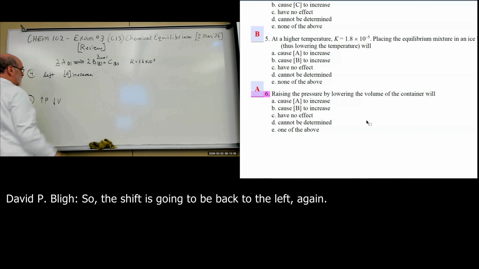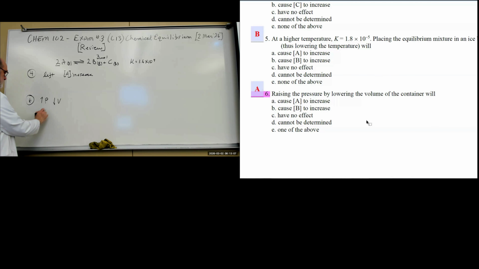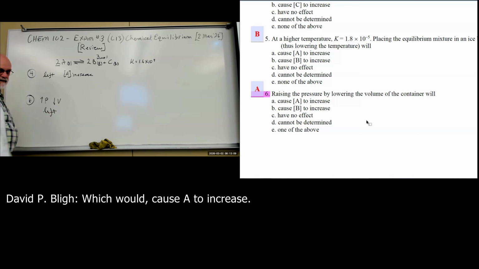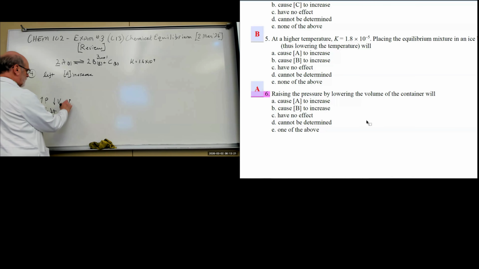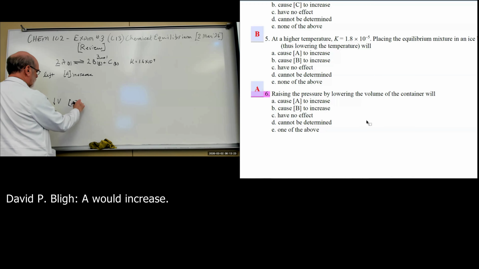So the shift is going to be back to the left again, which would cause A to increase. Yep. Again, A would increase.